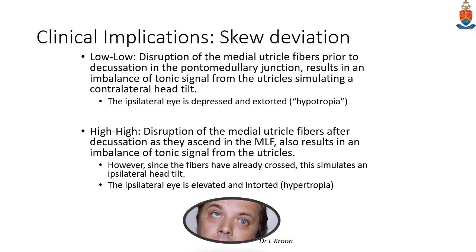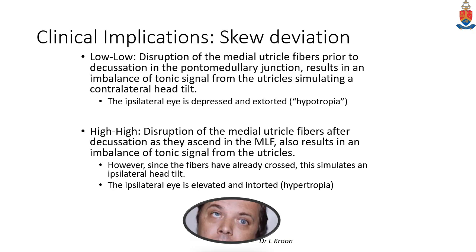If instead you injure those axons in the MLF at the level of the midbrain, the fibers have actually crossed already, but it's still injuring those utricle fibers as they are running up in the MLF. It is therefore important to remember that there is still the same fibers coming in from the right vestibular portion of the vestibulocochlear nerve, and it will still feel like the patient is tilting their head to the left, but in this setting it will be towards the lesion, which is located on the right.